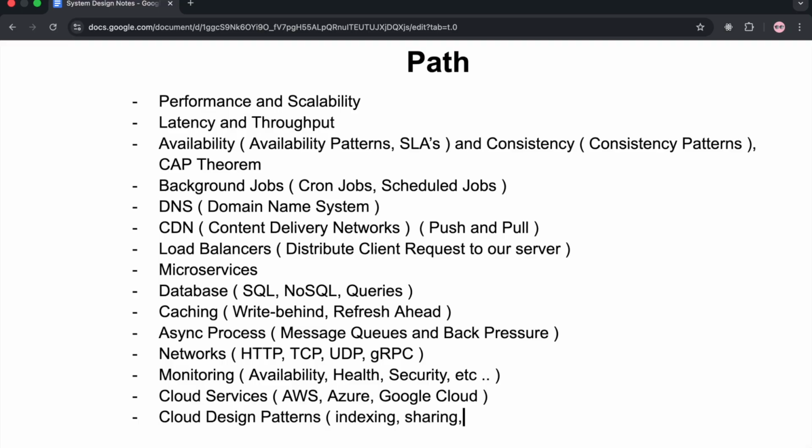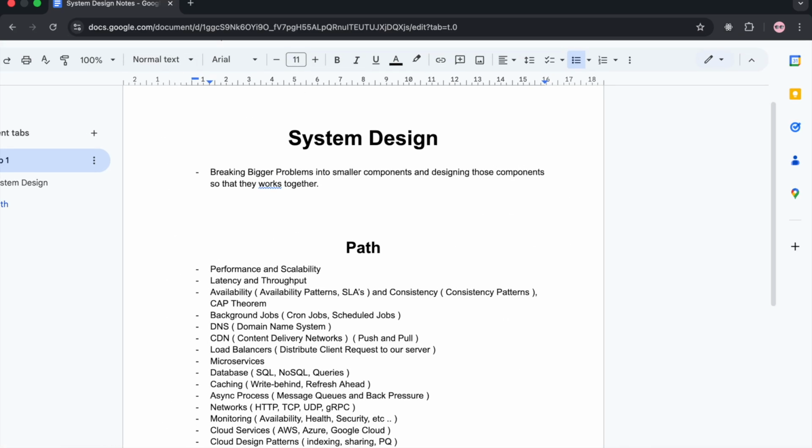We will also talk about reliability patterns, which help us make a service reliable. So these are the things that we will cover.